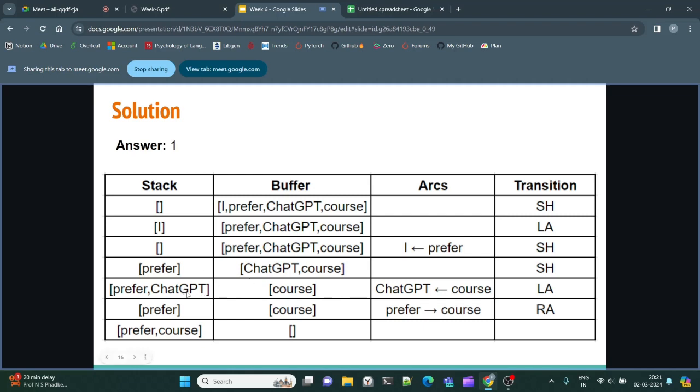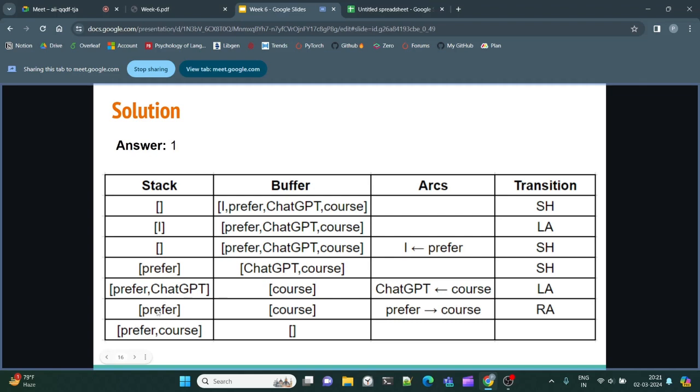So the words that you consider for the dependency are the words on the top. For a left arc, the head is the word at the top of the buffer. From there you start the arc, and it goes to the top of the stack. So the word at the top of the stack would be the dependent in the left arc situation. Whereas in the right arc situation, the word at the top of the stack is the head.